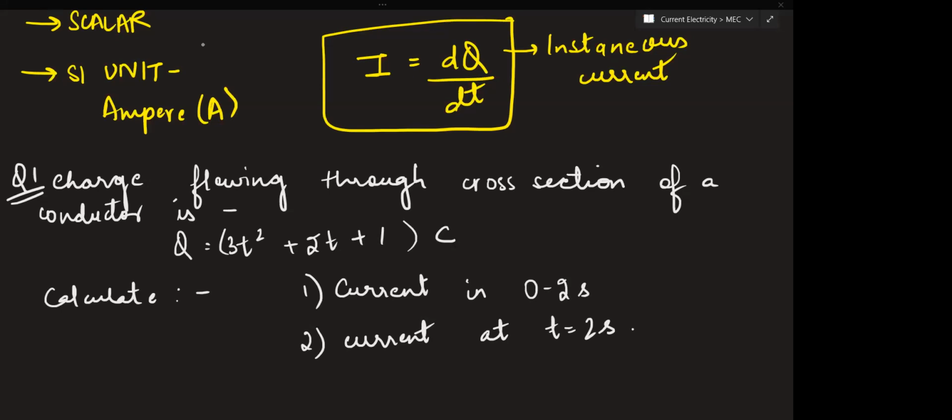See, this is the interval given to you, 0 to 2 seconds. You have to find the current exactly at t equal to 2 seconds. And this is the current here. Just try. Take 2 minutes. The calculations are easy.